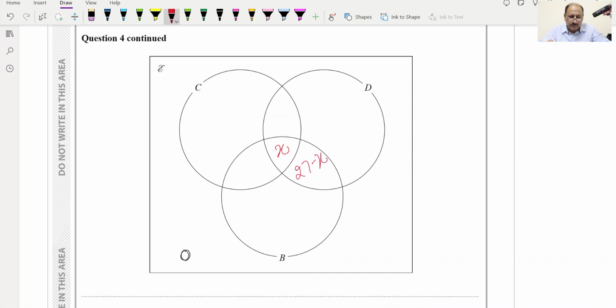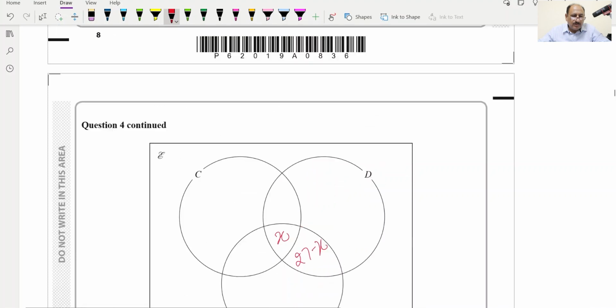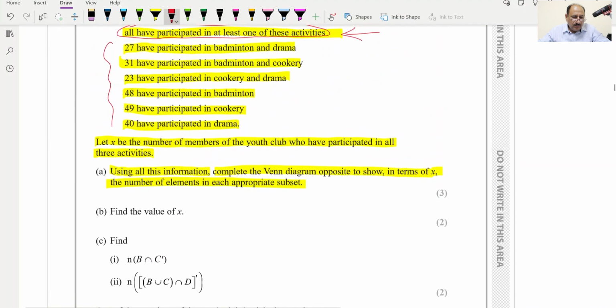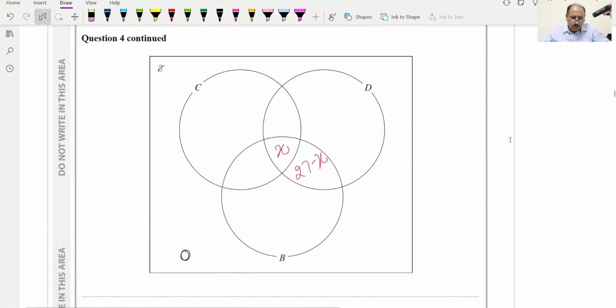Hopefully you understood this. Next it is saying 31 have participated in badminton and cookery. So 31 is over here, and x is already counted, so we will write 31 minus x over here.